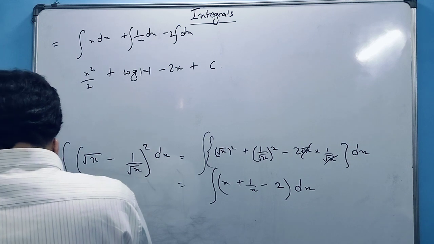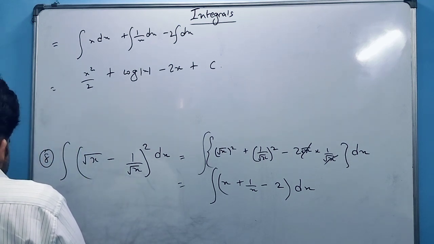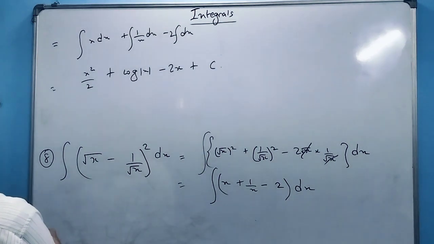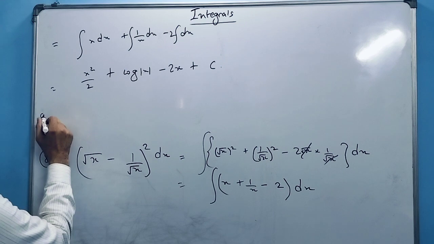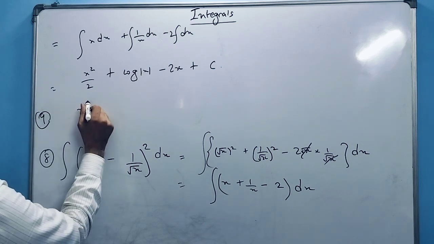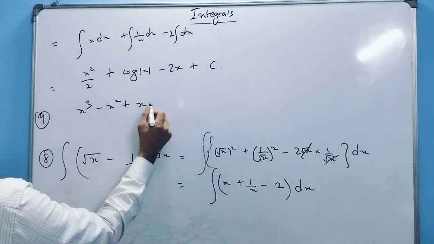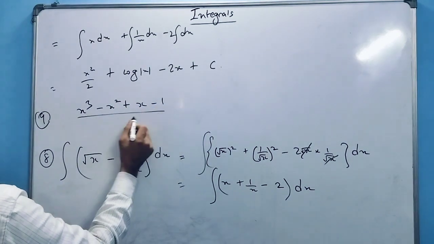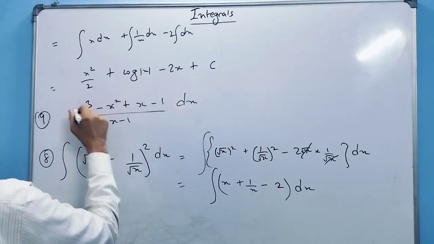Now the next integral, the type which I am taking, is the ninth numerical: x cube minus x square plus x minus 1 upon x minus 1 dx.